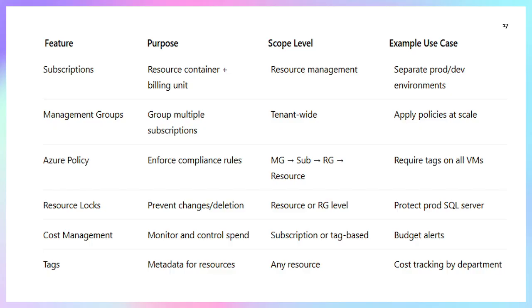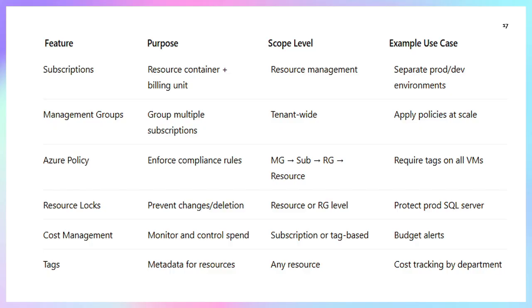Management group is a group of multiple subscriptions, tenant-wide. Azure Policy enforces compliance rules at the management group, subscription, and resource group level, for example requiring a tag on all VMs. Resource lock prevents change and deletion, and its scope level is resource or resource group level.